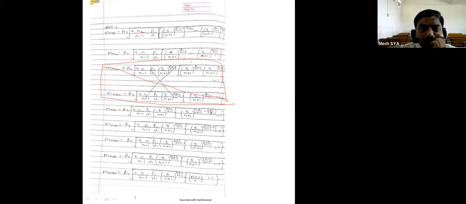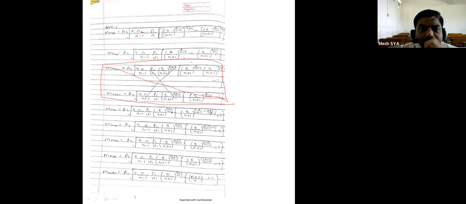This will be 2 upon n plus 1, this will become 1, minus this will become 2 upon n plus 1 raised to 2 upon n minus 1 minus n plus 1 divided by n minus 1.